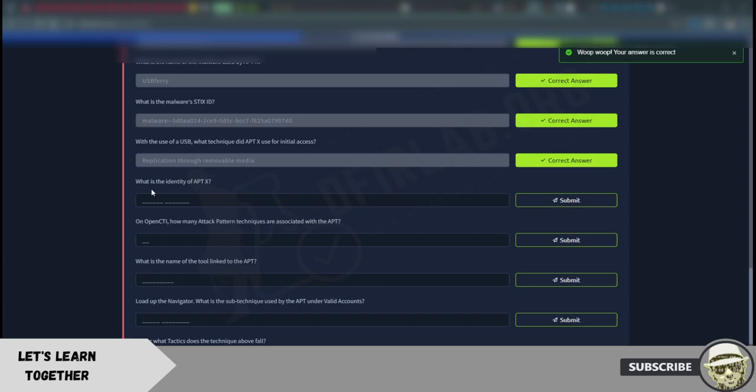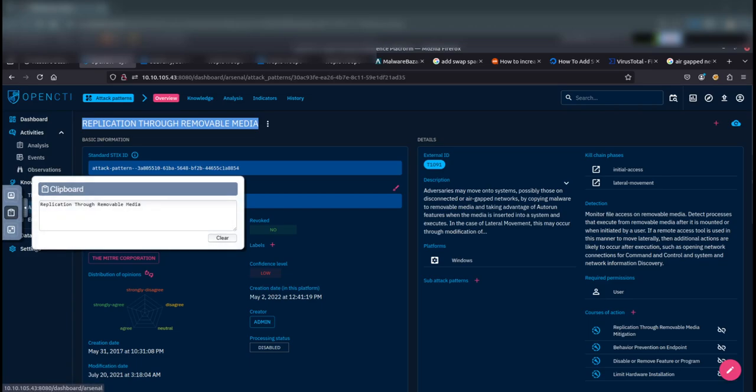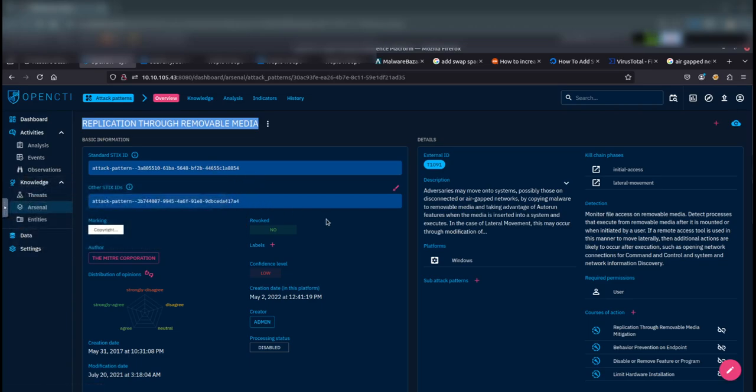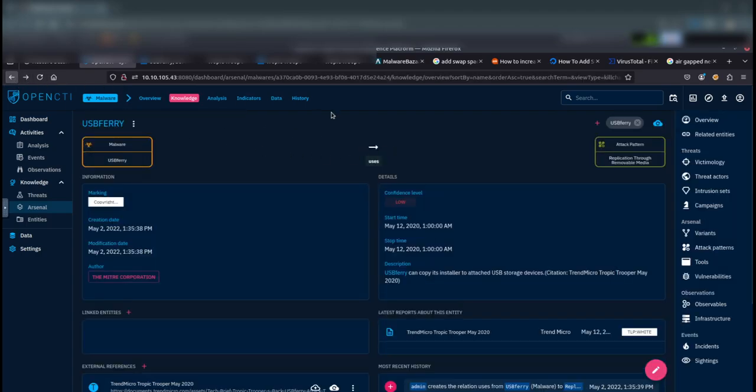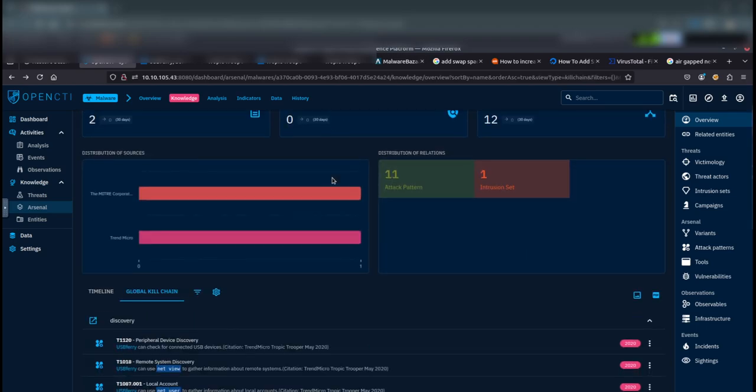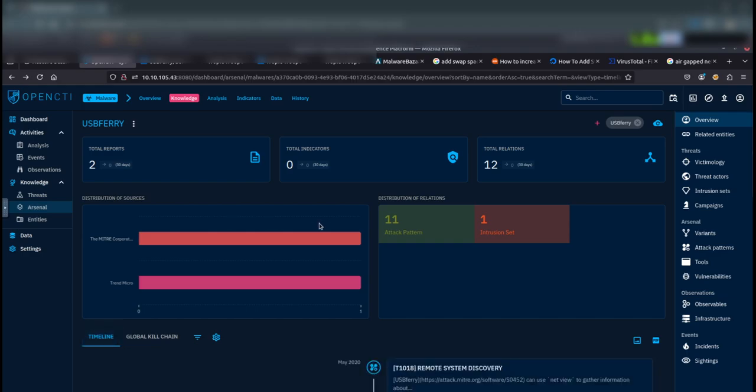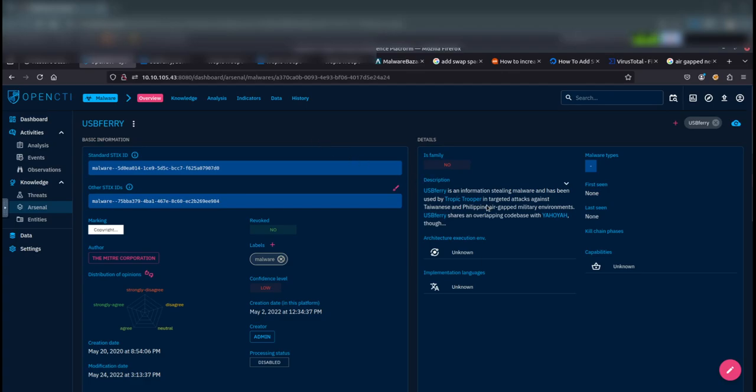That's it. What is the identity of APT X? Let me see. Identity of APT X. Overview.